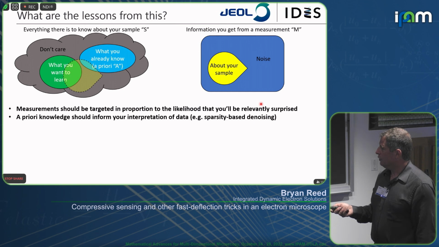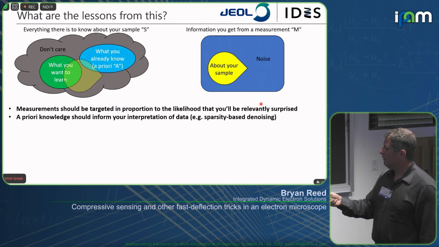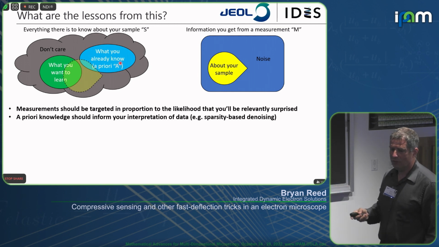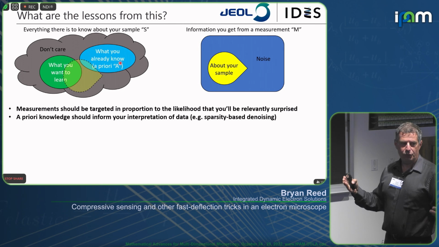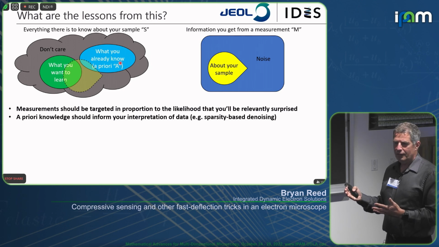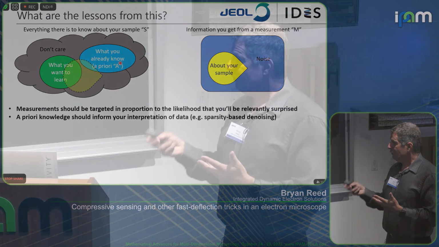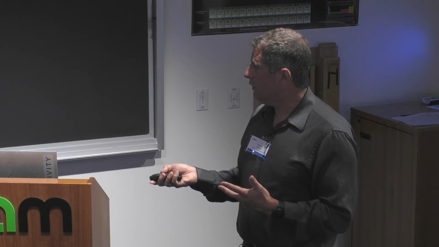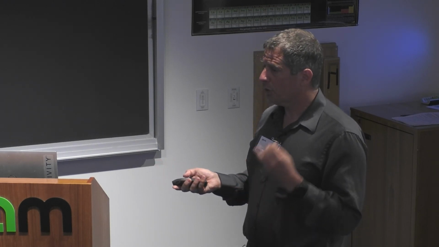A priori knowledge should inform your interpretation of data. So if you pretend that this little light blue oval doesn't exist, and your a priori assumption is your image is white noise, you're not actually optimally using the information. So there are these wonderful denoising algorithms that work surprisingly well.